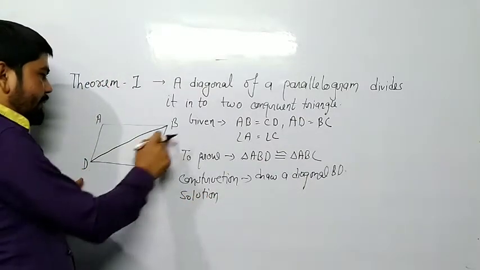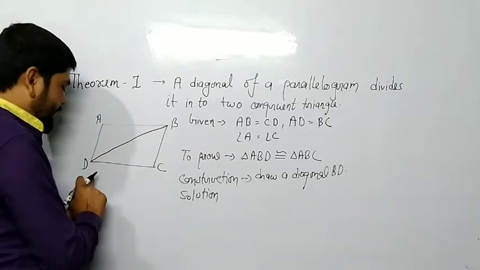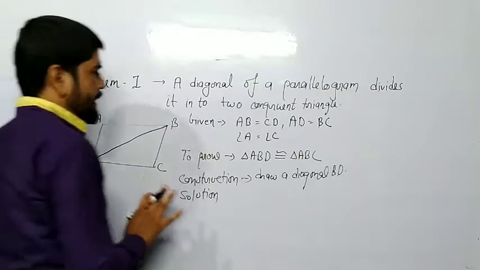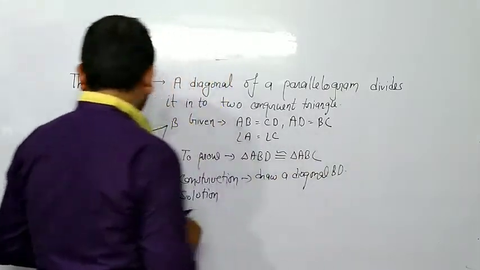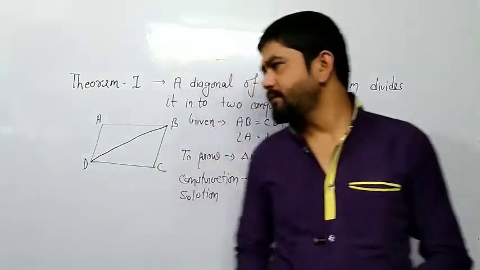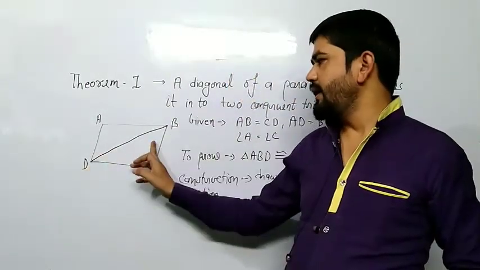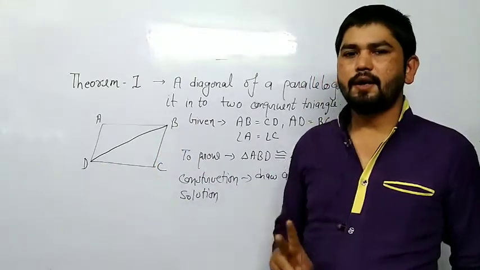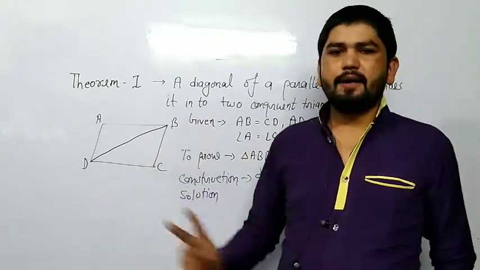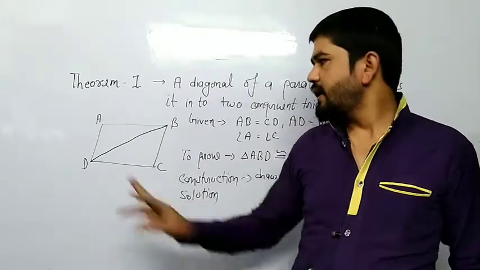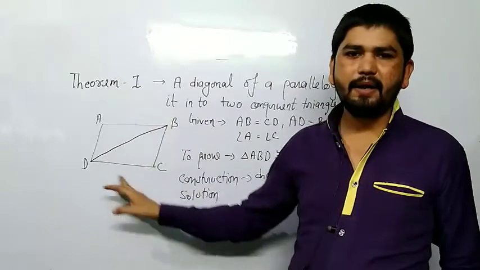In triangle ABD and triangle BDC, we need to prove here triangle ADB is congruent to triangle BDC, because the diagonal BD divides the parallelogram into two triangles, that is ADB and triangle BDC.